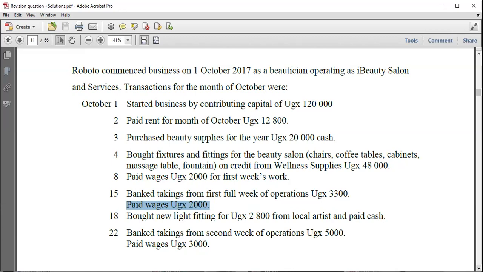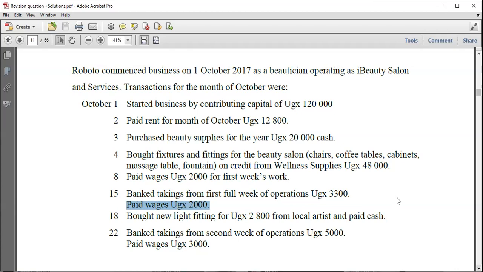Now, these are collections as well. So we shall debit bank and credit our cash, because the bank is receiving and the asset is increasing in the form of bank, as we are reducing our cash.